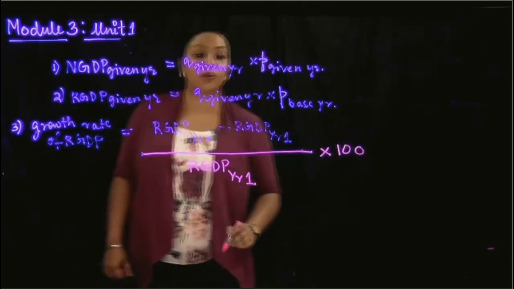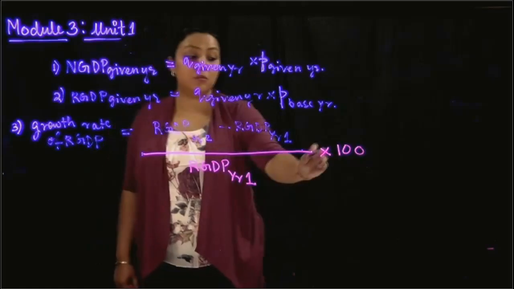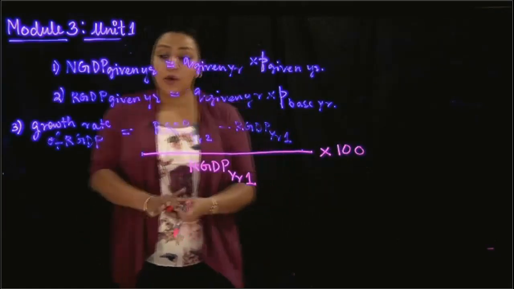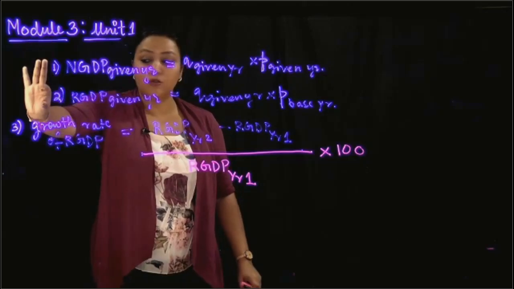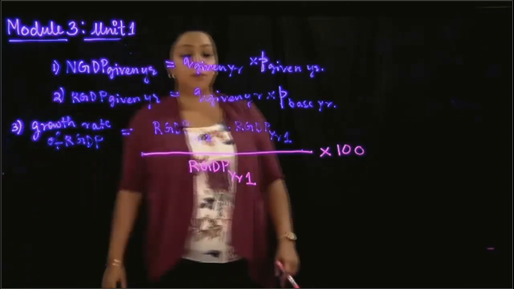Since it's a rate, it always has to be a percentage and it must be multiplied by 100. So that's also a difference between these. These are always going to be in terms of dollars, whereas the growth rate is always a percentage.